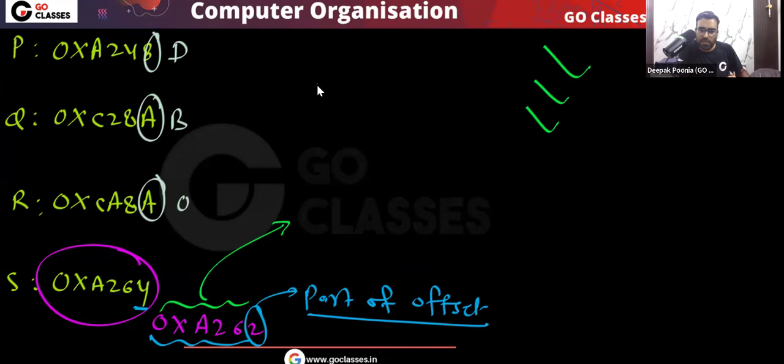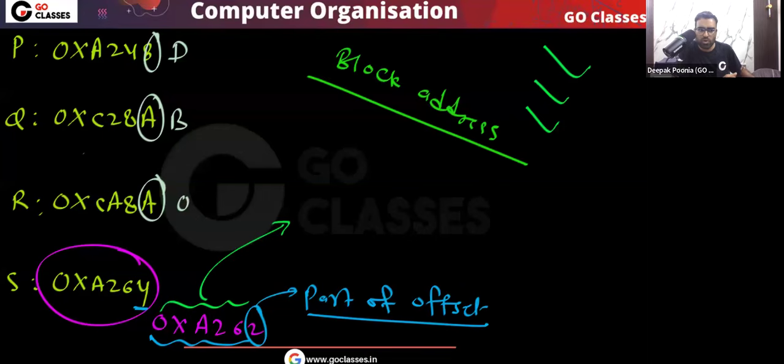Because if you notice, the complete analysis depends only on the block address, that is, to which block P, Q, R, S belong. It also matters which line index they map to.